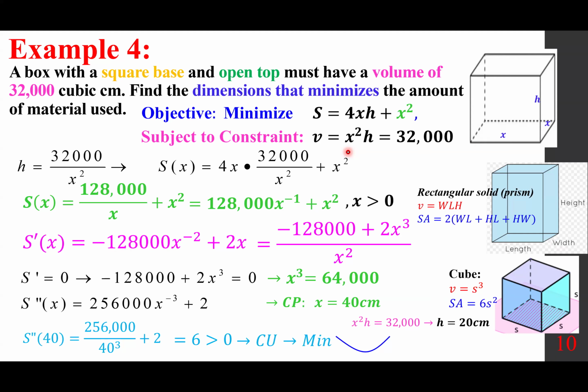So let's see what happens when we get that. If x is 40 and h is 20, we write the dimensions as 40 by 40 by 20. So 40 by 40 by 20.